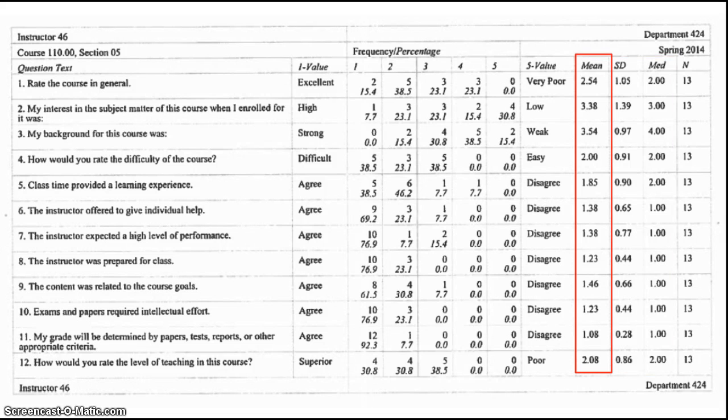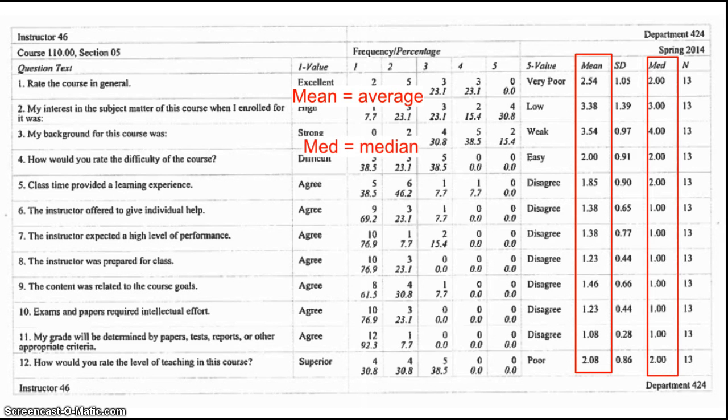Okay, the mean column is the arithmetic mean of the scores received, also known simply as the average. The med column is the median score. These are confusingly similar concepts, but as you can see from the scores in the columns, they are not identical. The median indicates the midpoint of the data in a different way than the mean.